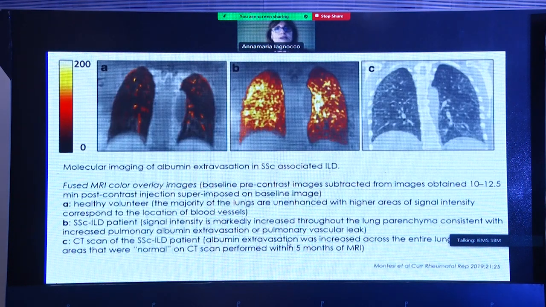This is another interesting set of images showing a few color overlap images, and the uptake was also evident in those areas of the lung that appeared normal at the CT scan.